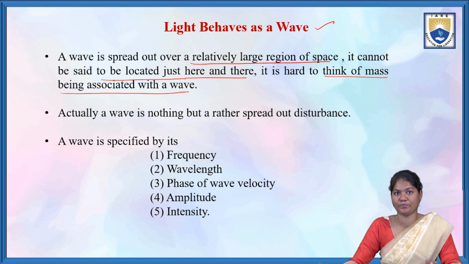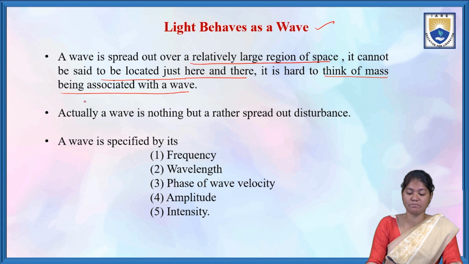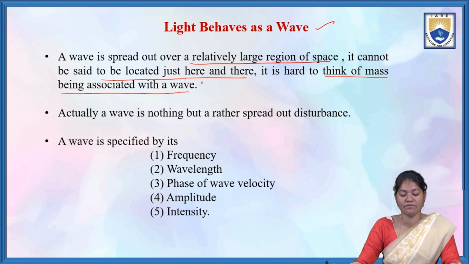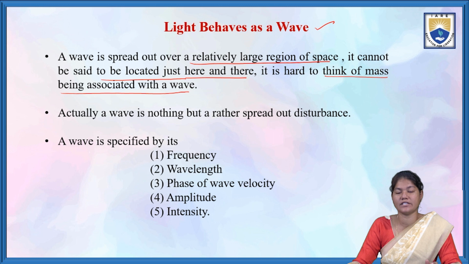We couldn't assume that a particle having mass m is associated with a wave. So it is hard to think of mass being associated with a wave. A wave is nothing but a rather spread out disturbance. Simply, we can call a disturbance in a medium a wave.